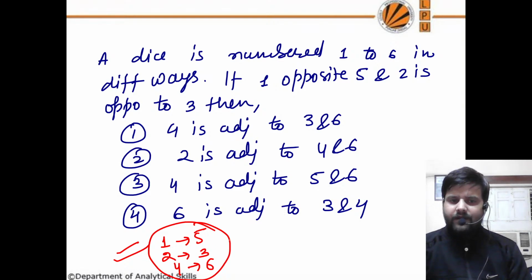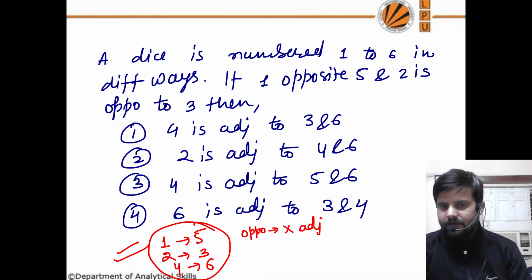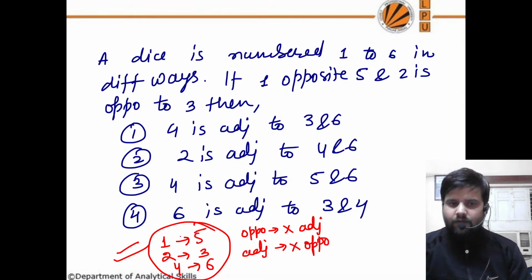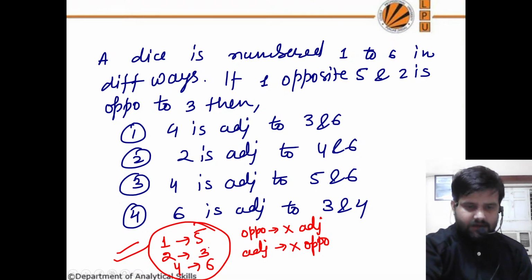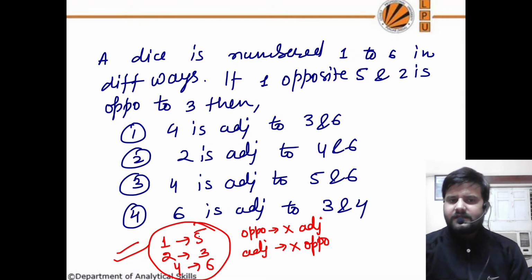Now, we know that if something is opposite, it can't be adjacent, and if something is adjacent, it can't be opposite. So if 1 and 5 are opposite, they cannot be adjacent to each other. If 2 and 3 are opposite, they cannot be adjacent. And 4 and 6 cannot be adjacent to each other.